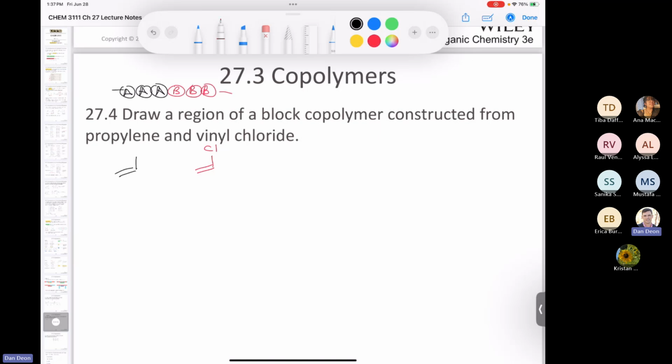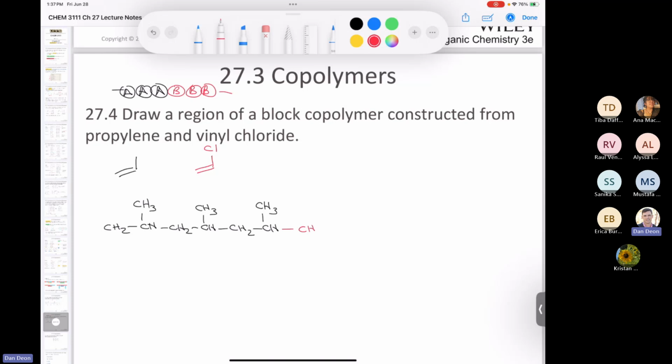We'll start out with our propylene. So we've got CH2, CH3, CH2. And again, if you did it with 2, that's totally fine. I'm doing 3 in a row here. It doesn't ask us for anything specific. It's just saying, show me what a block copolymer is.